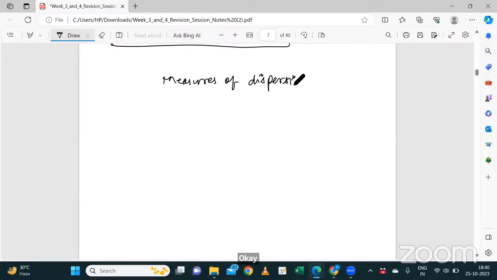As the name suggests, with dispersion we are interested to know the variability in my data set, the spreadness in my data set.